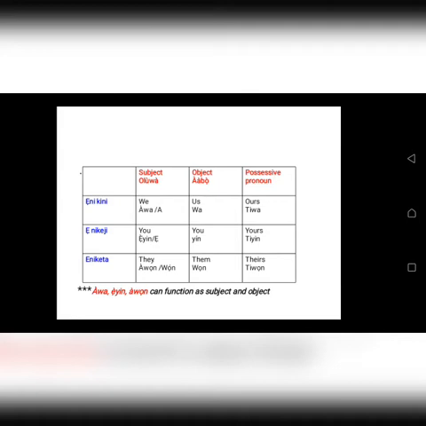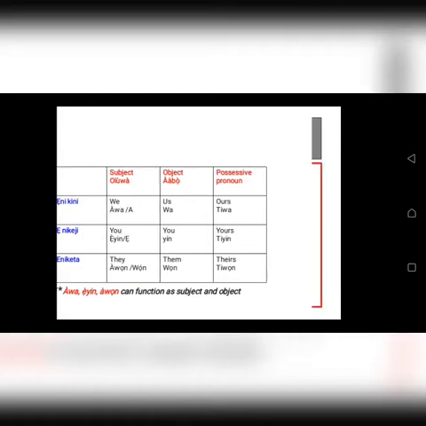That's a little bit tricky anyways, but at least along the line you get how we use all these things. So awa, ẹ̀yin, àwọn can also function as subject and object. It depends on the usage and the way you want it to sound.